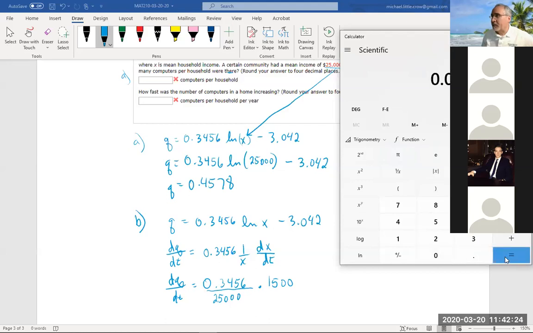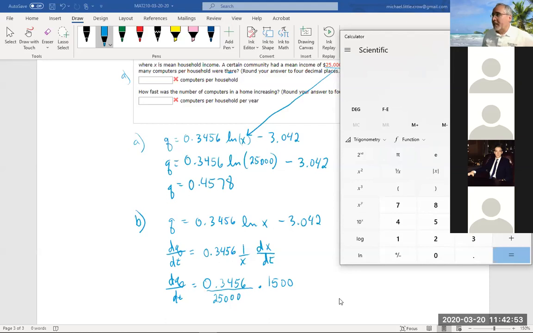We'll just hit the equals button. And then we multiply times 1,500. So 0.02. So every year we get 0.02 more computers in our community. Thinking in terms of larger numbers, for every 100 families, 2 more families get a computer. It's kind of a small thing going on, and they want it to 4 decimal places.